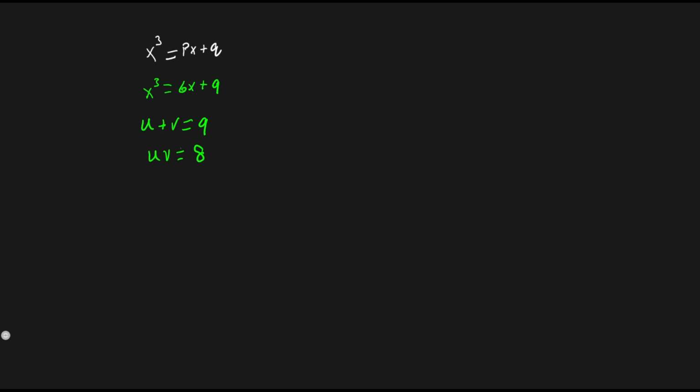And we could kind of see what our answer is going to be, since 8 plus 1 is going to be 9, and 8 times 1 is going to be 8. But we want to be sure, but we have a possible candidate automatically that u is approximately 1 and v is approximately 8.